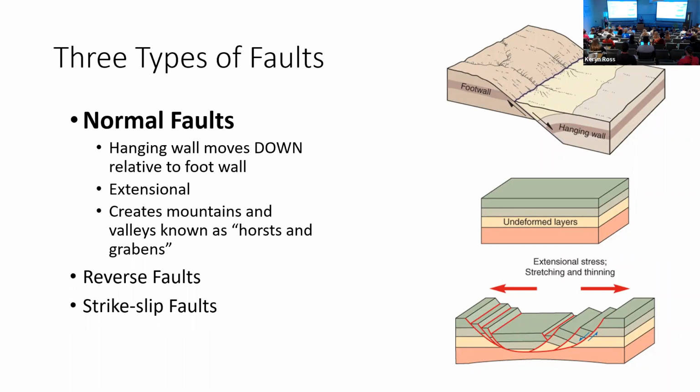We call these mountains and valleys horsts and grabens. You have these undeformed layers pulling apart from each other, and they create very distinctive valleys and mountains, valleys and mountains, so you get the idea, right?